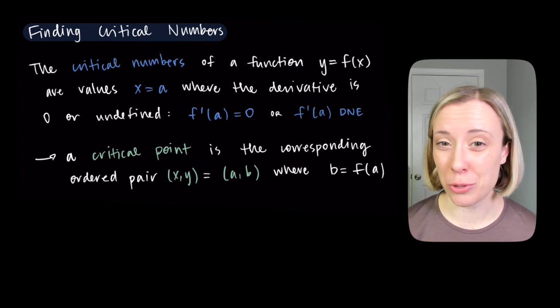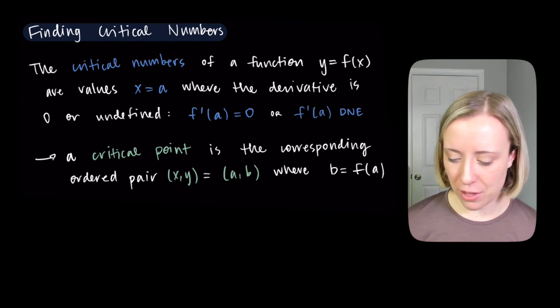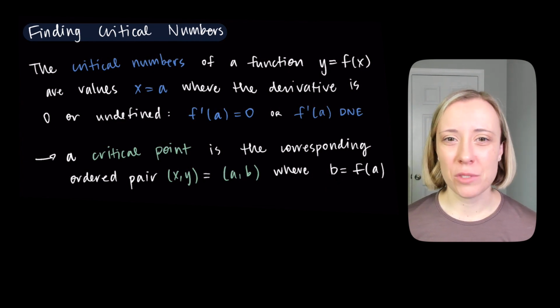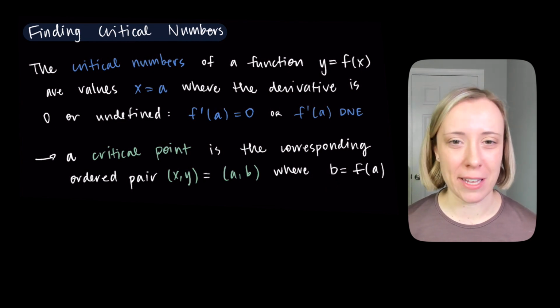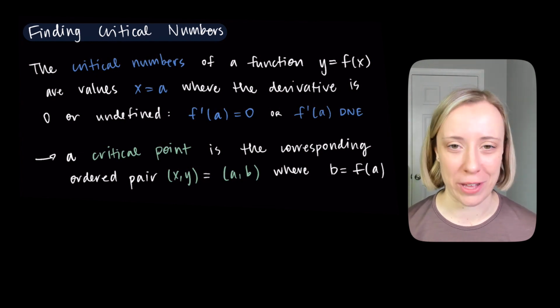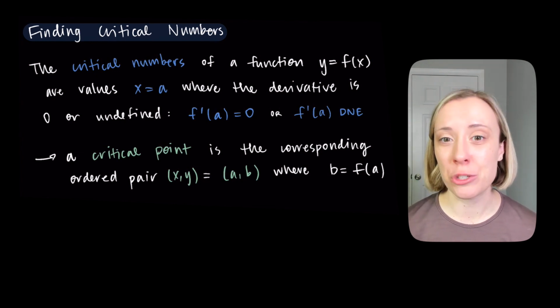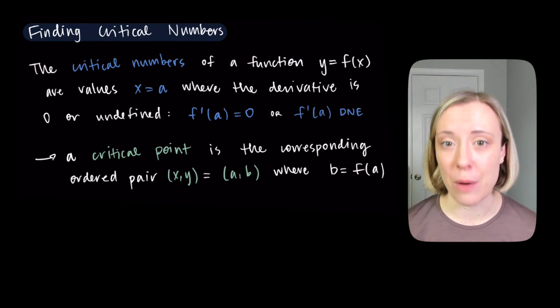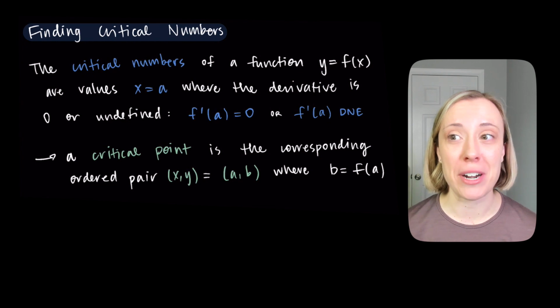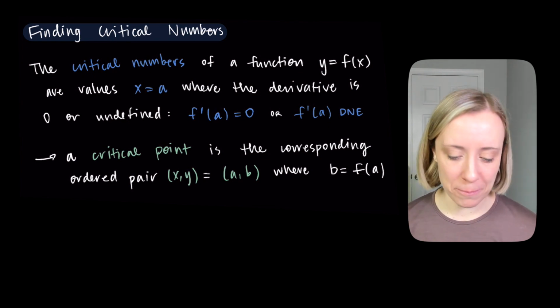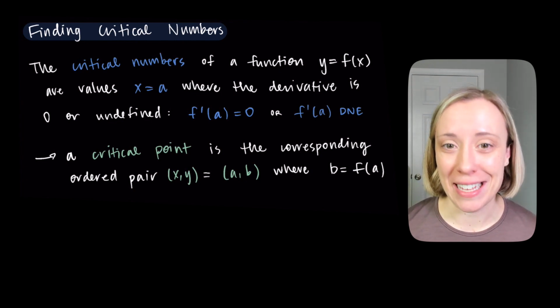This gets a little tricky because sometimes there might not be a corresponding b value, like it might be undefined. So this really depends on your context, and that's why I like to just do critical numbers instead of critical points. We're just going to be finding the x value. If for any reason you needed the y value that went with it, you plug that critical number into the original function to find the output value. All right, so that's a little overview. Let's get into the examples.